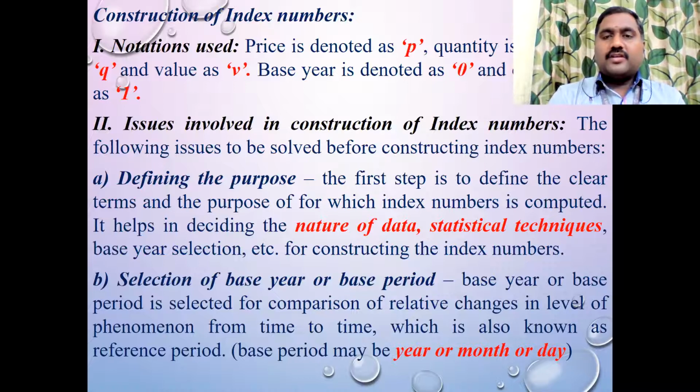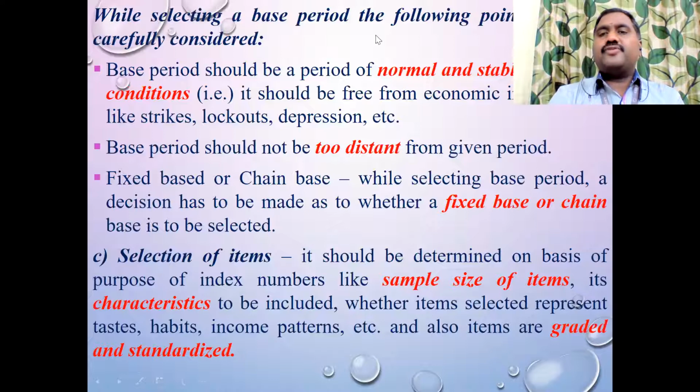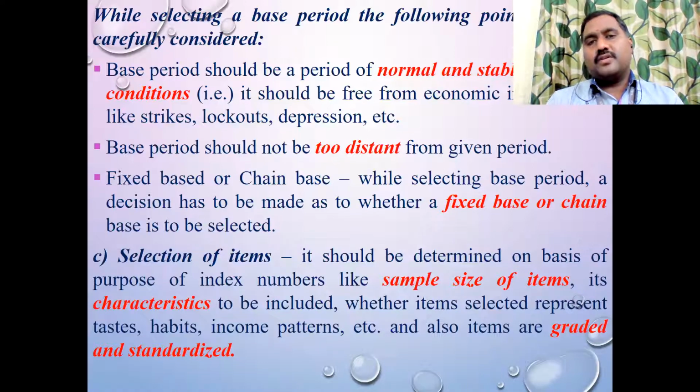The third important thing you need to note when calculating the index number: the base period should be a normal and stable economic condition. Don't take a period of strikes and lockouts. For example, once the lockdown started, all transport services were stopped for almost 6 to 7 months.